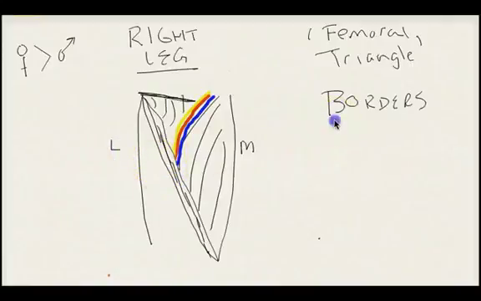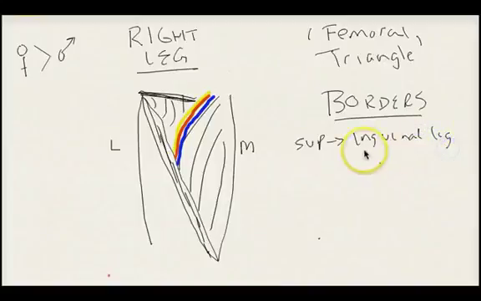Now, what are the borders that make up the femoral triangle? This imaginary triangle is going to be right here. Superiorly, what we're looking at right here is the inguinal ligament. So the superior border is made up by the inguinal ligament. Laterally, this is the sartorius muscle, a very long muscle.